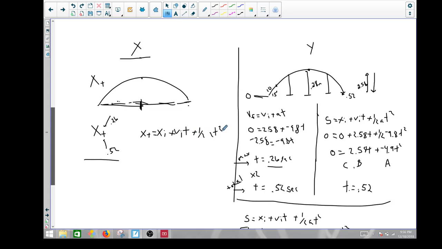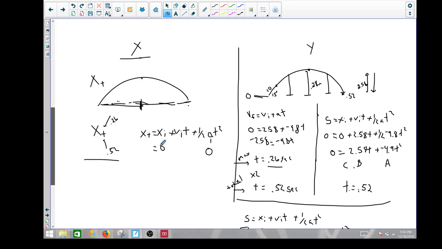My little pencil's dragging behind me a little here. Okay, I'm only using the x component. This is the part that throws kids off. My acceleration is 0 in the x component. There's no acceleration, there's no deceleration. I'm traveling in my horizontal component only. All right, so this is 0.